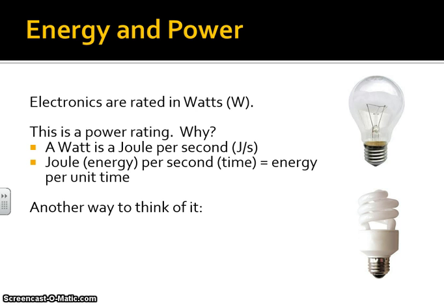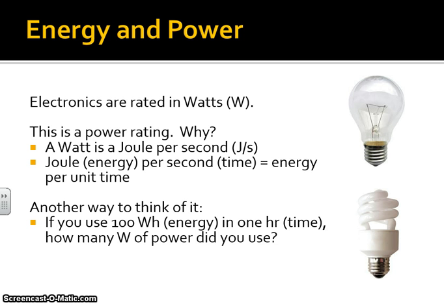Here's one way to think of it. We've talked about kilowatt hours before as energy, and now we're talking about watts as power. This can be very confusing for people. So this is one way to think of it. If I use 100 watt hours of energy in 1 hour, how many watts of power? This is energy per unit time.